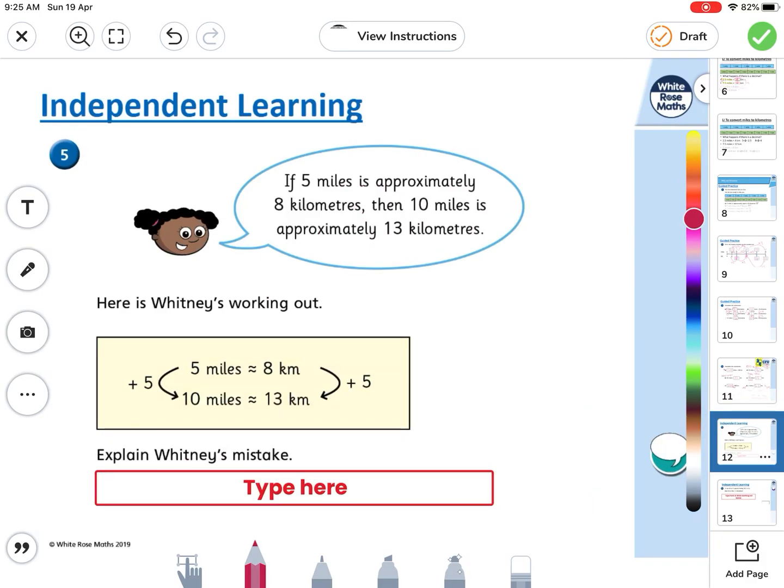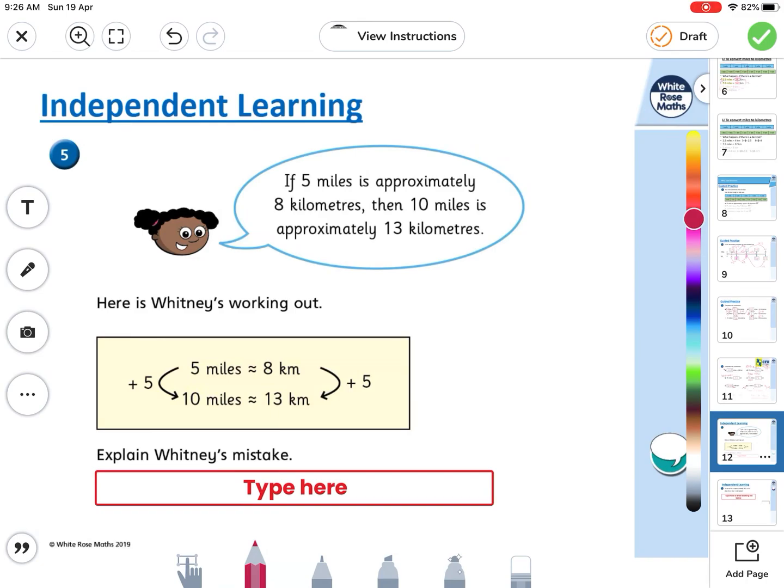Okay, moving on to number 5. If 5 miles is approximately 8 kilometres, then 10 miles is approximately 13 kilometres. Here is Whitney's working out. 5 miles equals 8 kilometres. And just added on 5 each side to make 10 miles is the same as 13 kilometres. What's her mistake?